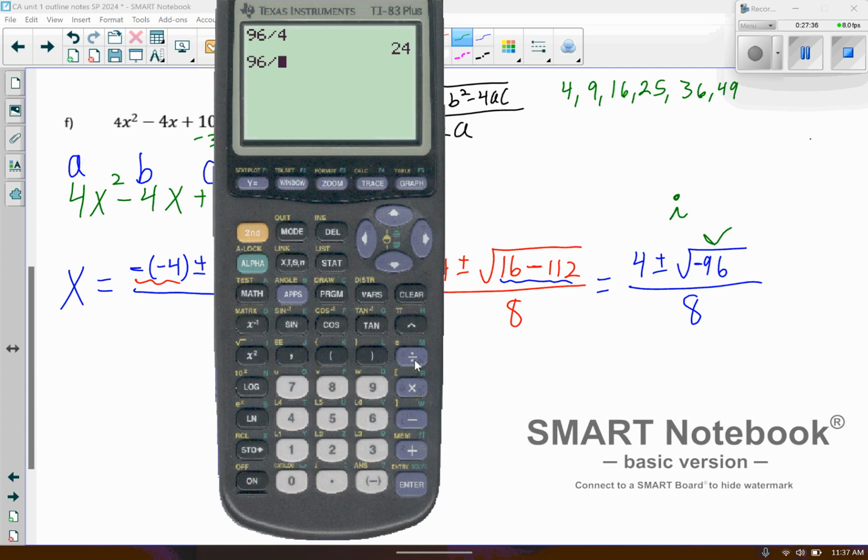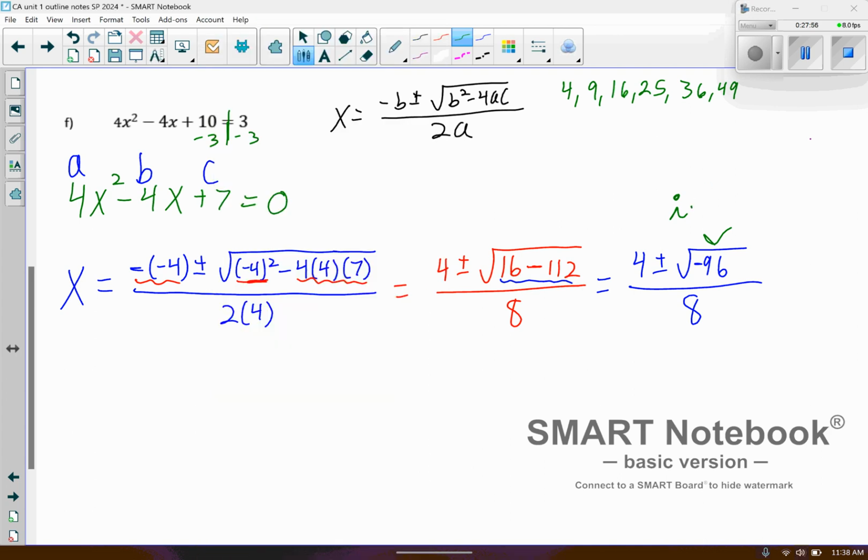Let's do 96 divided by 36. Okay, it doesn't divide evenly, so I can't do that one. Obviously 25 won't work, so let's try 16. Let's see, 96 divided by 16. There we go, 6. So I can break it into 6 times 16. So I'm going to break this into the square root of 16 times the square root of 6.